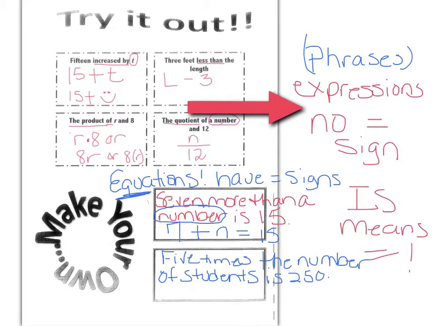Let's go ahead and circle what is our variable, or what we don't know. That would mean the number of students, that's our unknown. It says 5 times the number of students is 250. So write it just like it sounds. 5 times, let's call that S for students. 5S equals 250. And that's as simple as that.